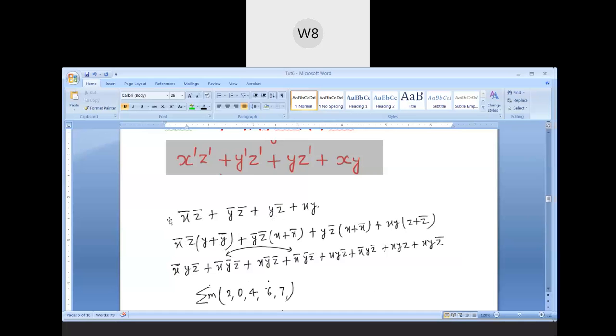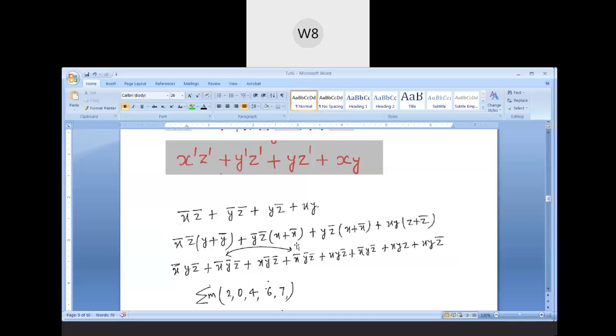For example, here we have only x and z, y is not there, so we need to bring y also into the picture. So we can multiply this first term by 1, and 1 can be represented as the sum of y and y complement. When you expand this, you will have two terms, each containing all the variables.